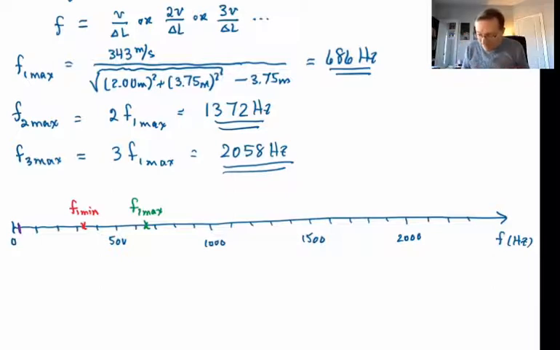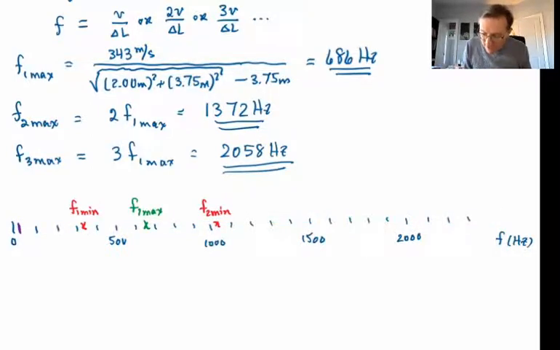Fully constructive interference. The next important frequency, F2 min, will be 1029 hertz. Roughly there. The next important frequency will be F2 max, 1372 hertz.